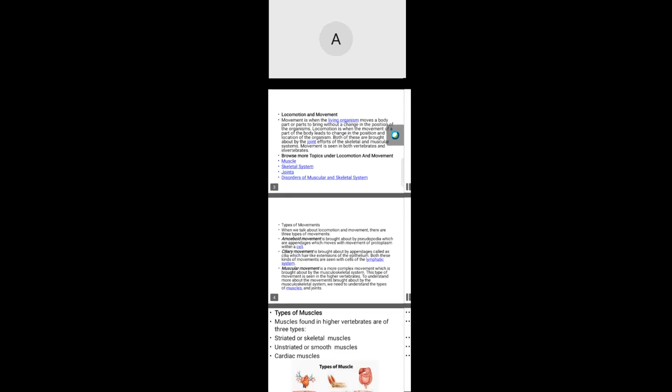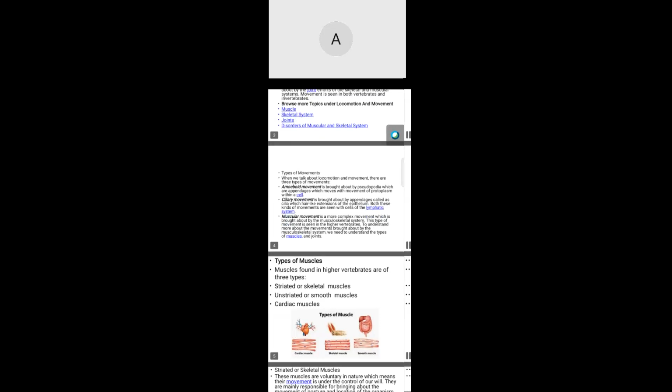Types of movement. When we talk about locomotion and movement, there are three types of movement. Amoeboid movement is brought about by pseudopodia, which are appendages that move with the movement of protoplasm within a cell.